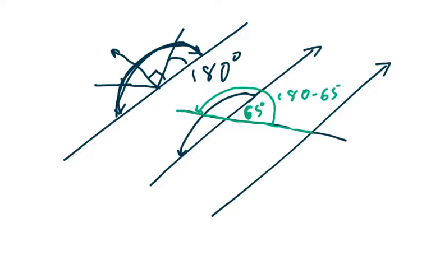So then we know that that is a straight line. So if we subtract 65 from 180, we are left with 115.